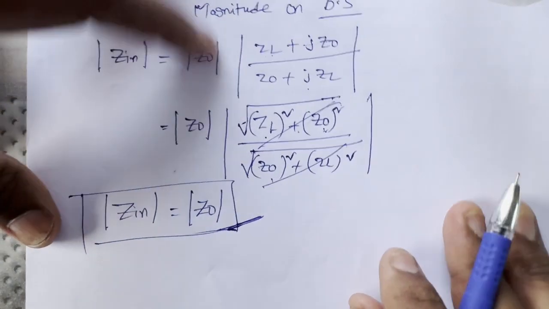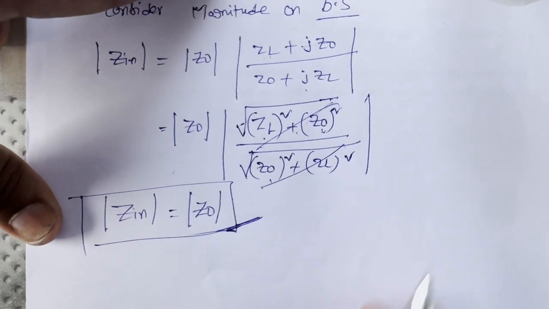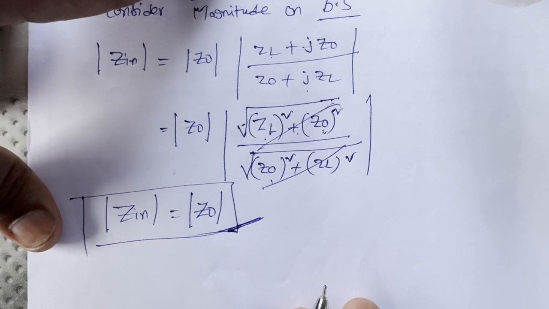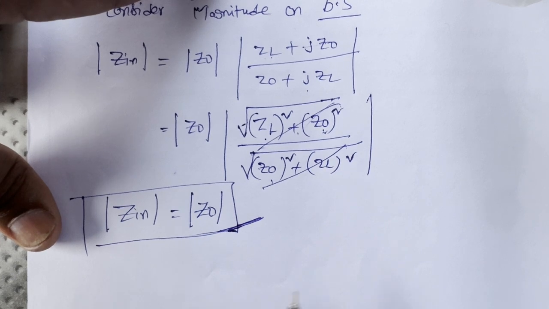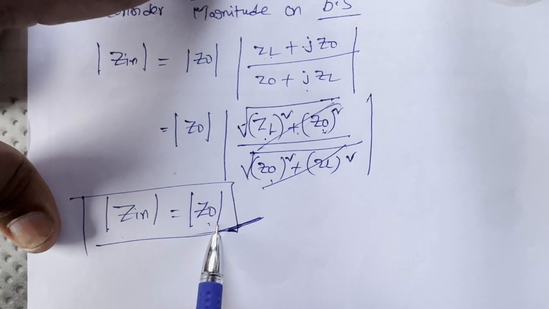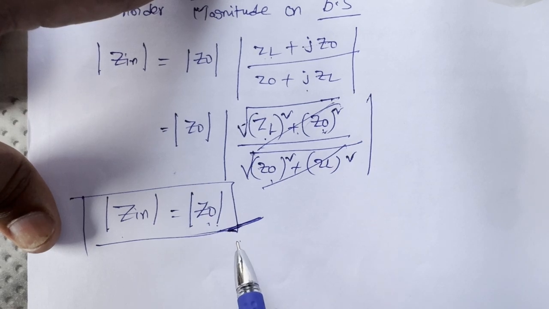Here the lambda by 8 lines are used to transfer any load impedance into an input impedance whose magnitude is equal to the characteristic impedance. That is the importance of the 8th wave transmission line.